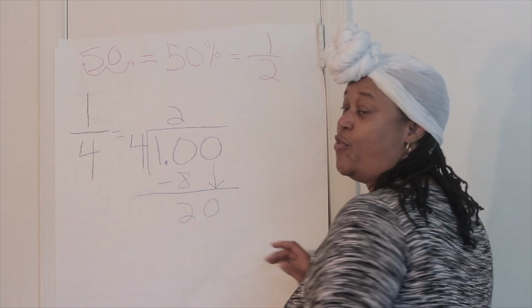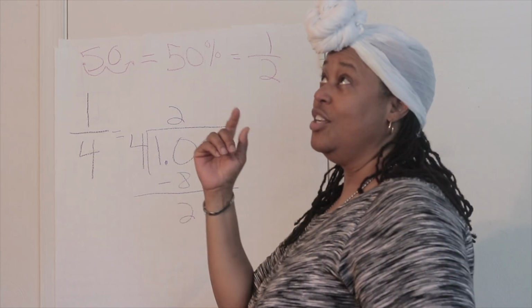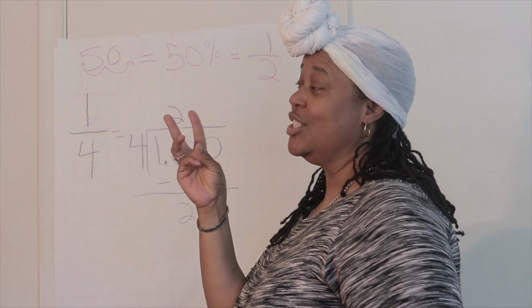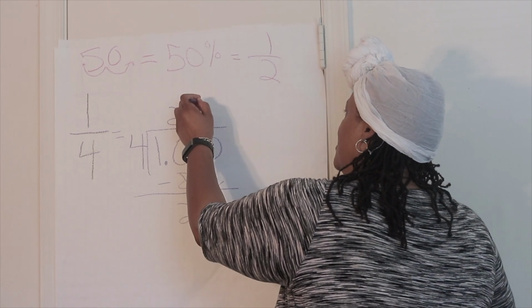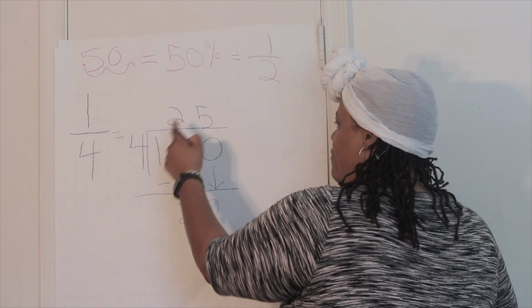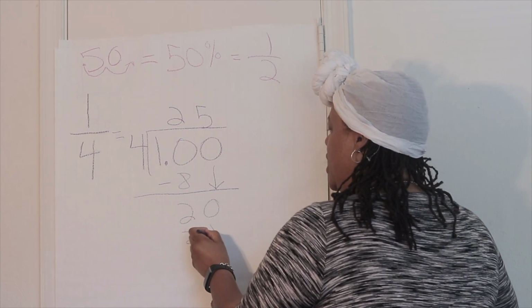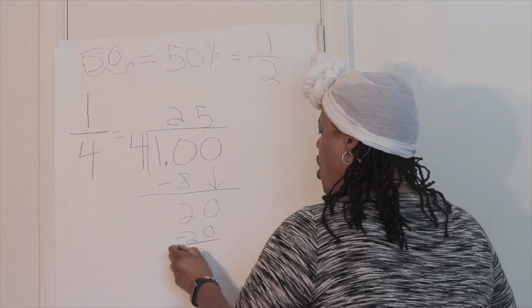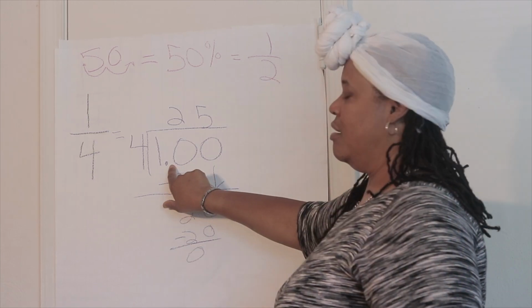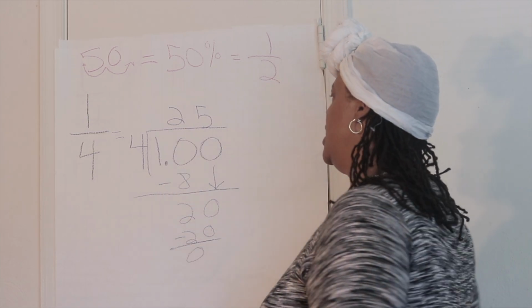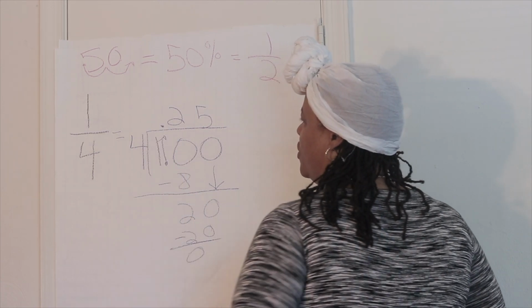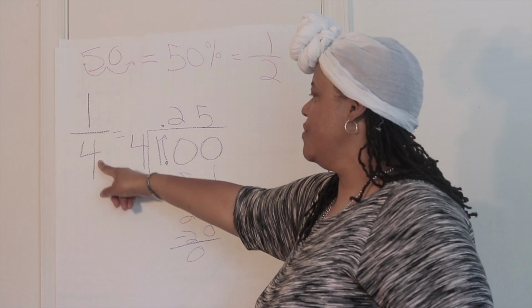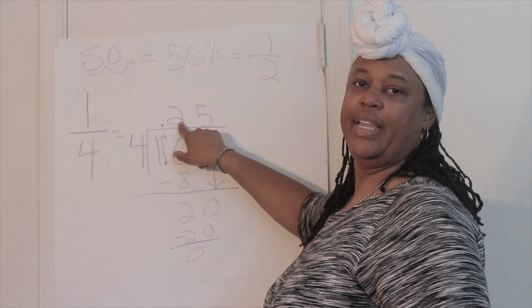How many times will 4 go into 20? 4, 8, 12, 16, 20. 5 times. And 4 times 5 is 20. So we are finished. Don't forget to bring your decimal straight up. So the decimal form of 1/4 is 0.25.